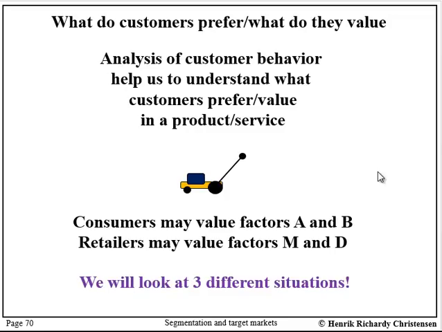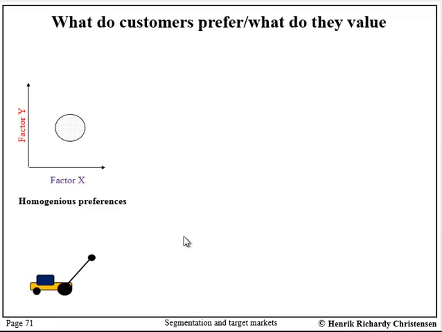So we'll look at 3 different but overall situations. We have here what we call homogeneous preferences. This is a situation where we have 2 factors, X and Y. And these factors quite describe the target group. Means that the market here actually has the same type of preferences.